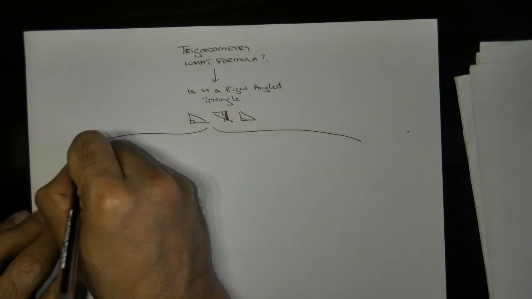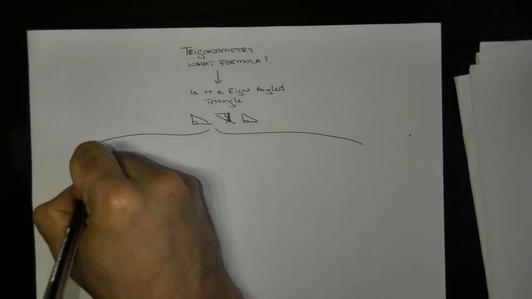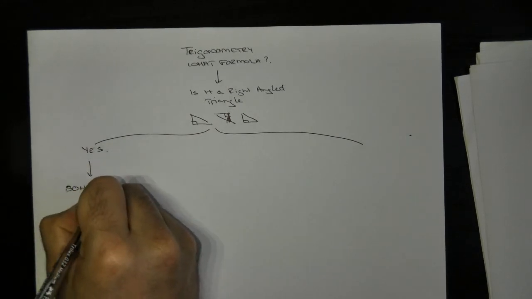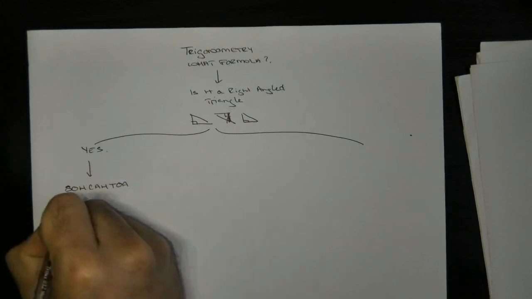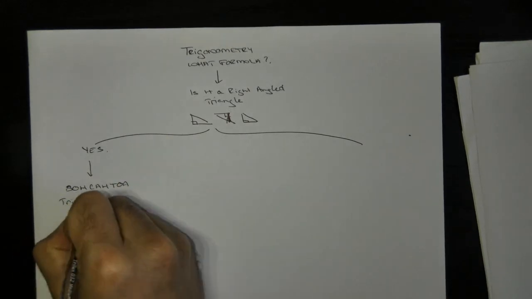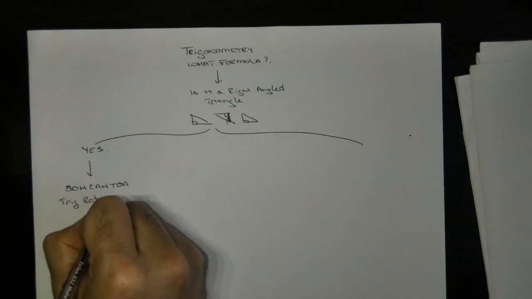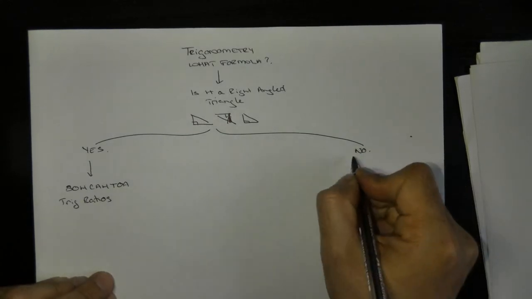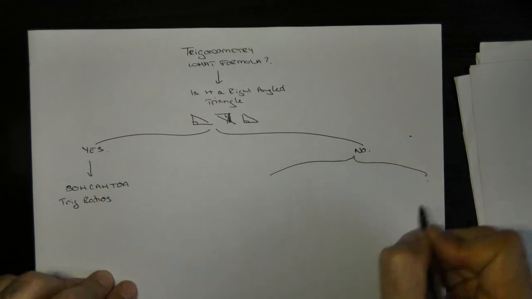If you say yes, then we have to use SOHCAHTOA, or your trig ratios. Okay, if you say no, you get two options.